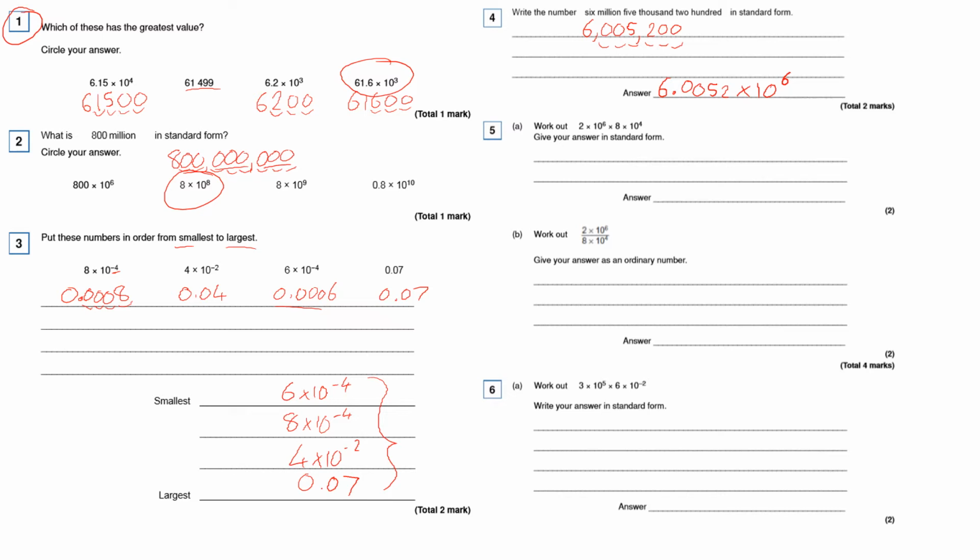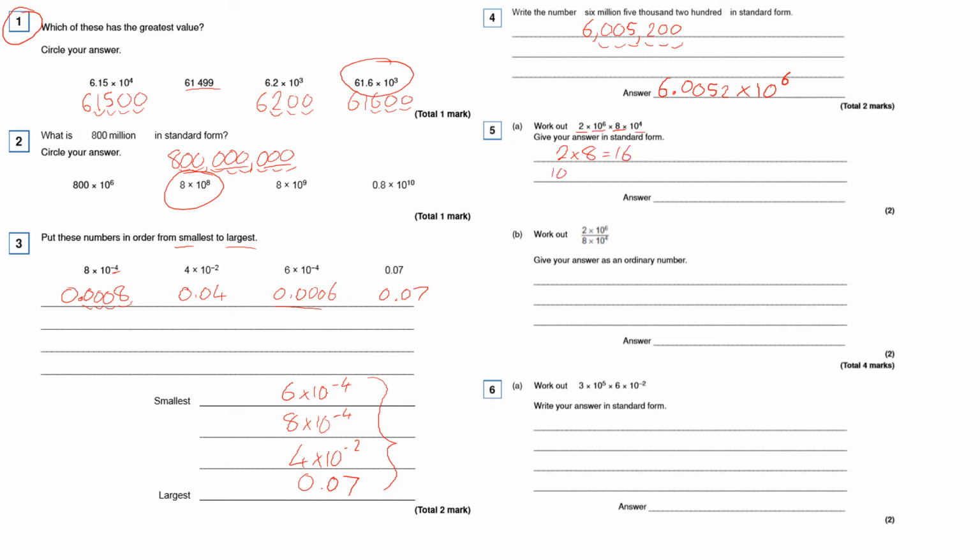Then we go on to 5a. Now we went through methods of multiplication and division, which I'm kind of expecting you to use, again, as it's non-calculator. You can write these out as whole numbers, you can multiply them together, you can change your answer back to standard form, but it is easier to do the following. Multiply the numbers, so we'll go 2 times 8, and that's 16, and then add the powers.